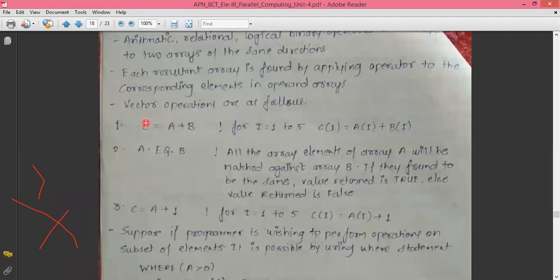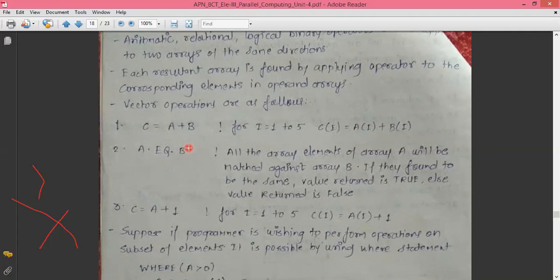Now the next instruction: if you want to compare two arrays, A might be a variable or an array. You can declare a variable and you can also declare an array. We'll discuss the same part just after this. If you want to compare two arrays, we write A dot eq dot B, which means whether all the elements of array A match all the elements of array B or not.